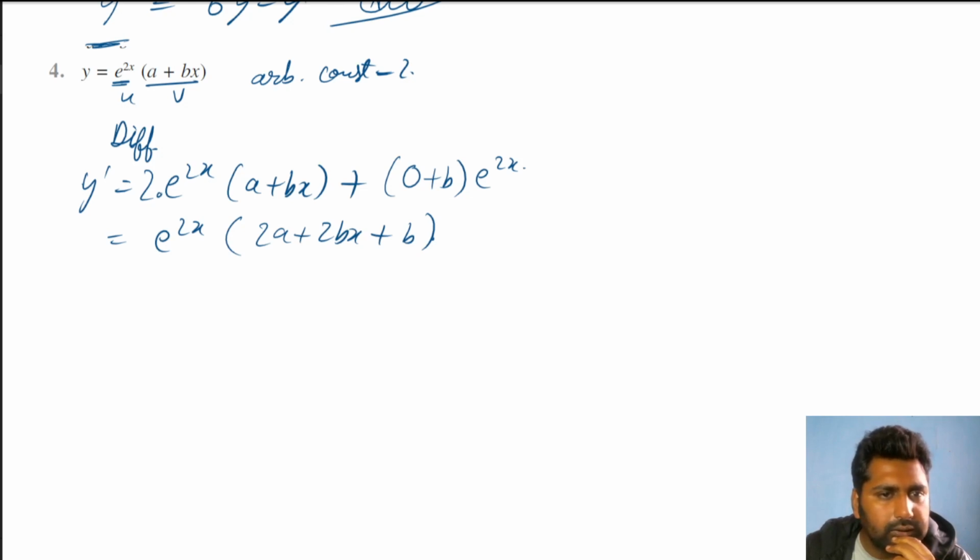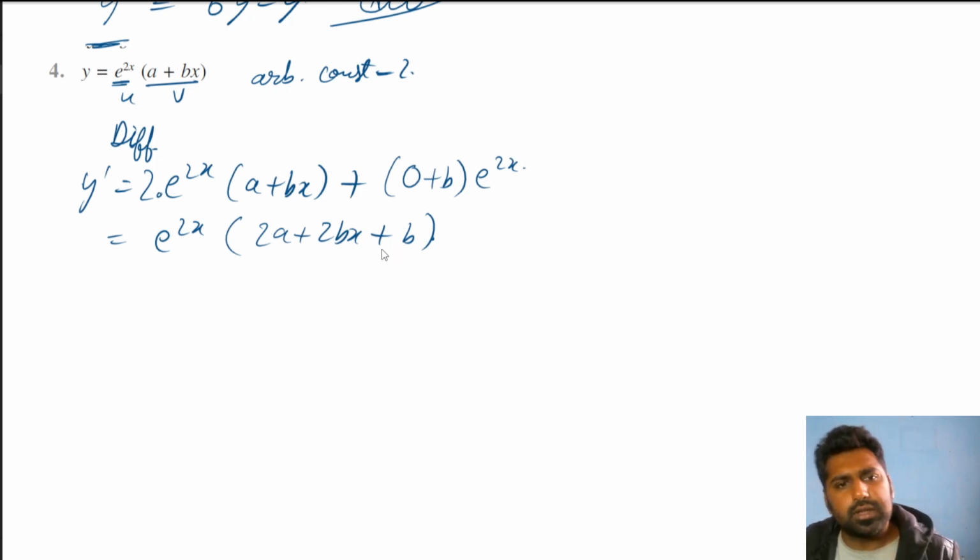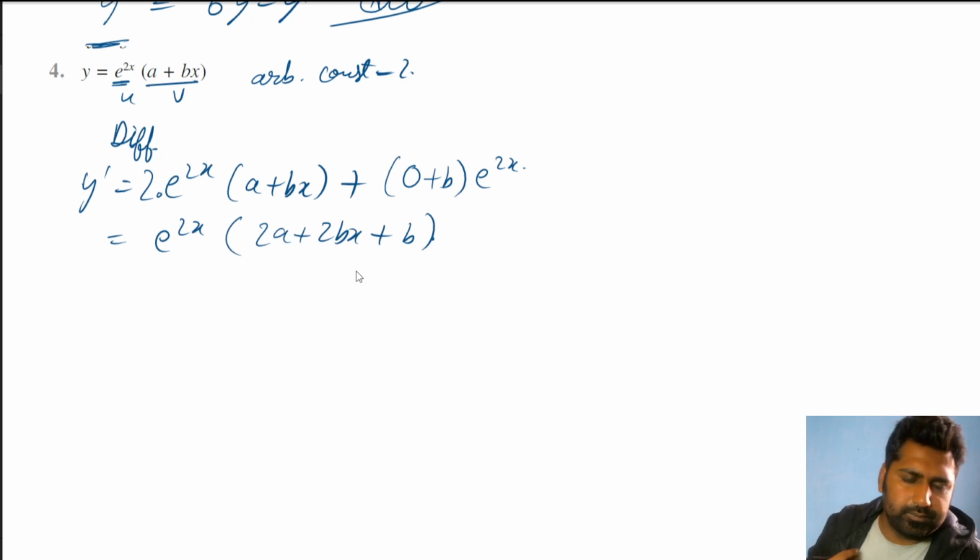We have to reduce this. A lot of terms are there, no? A is also there, b is also there. We have to reduce this.